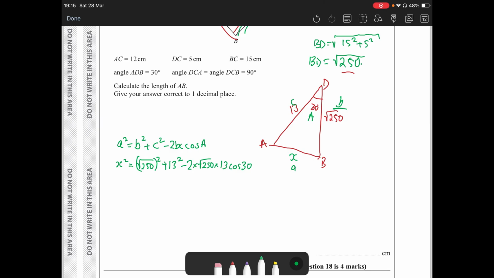So yeah, a bit of calculator malarkey now. I'm getting x squared is 62.98033. So x is the square root of that.